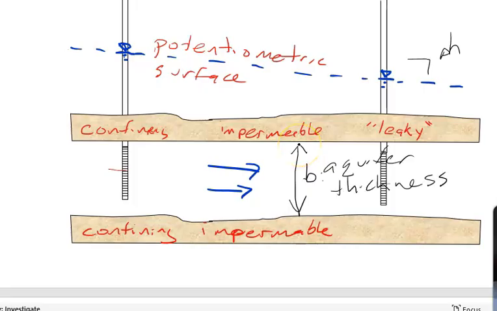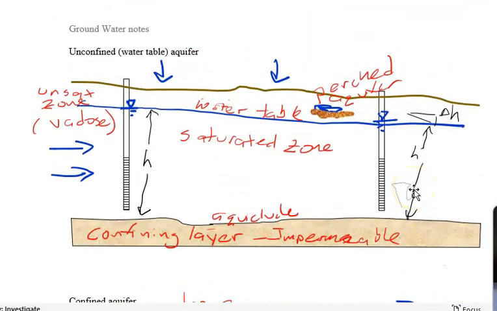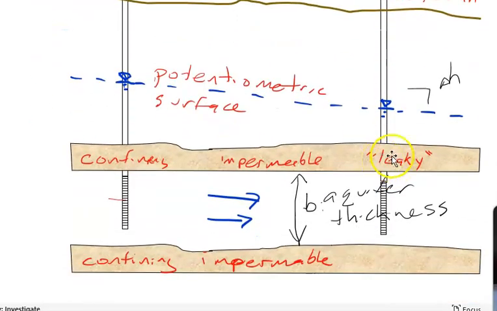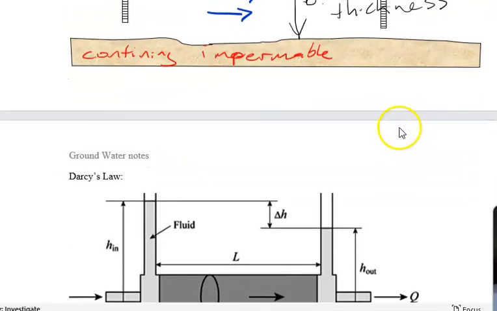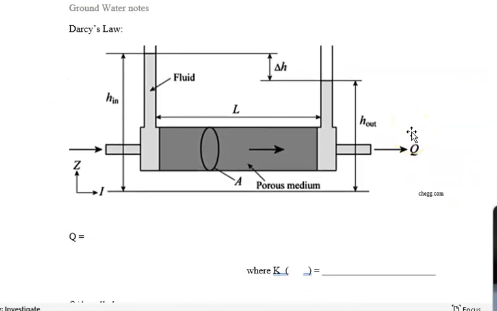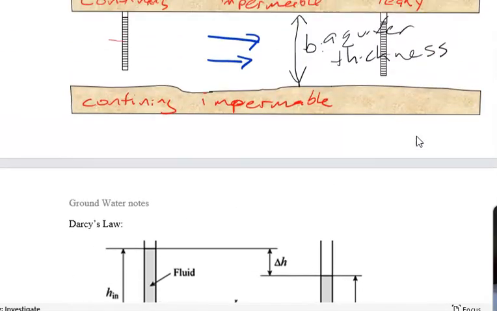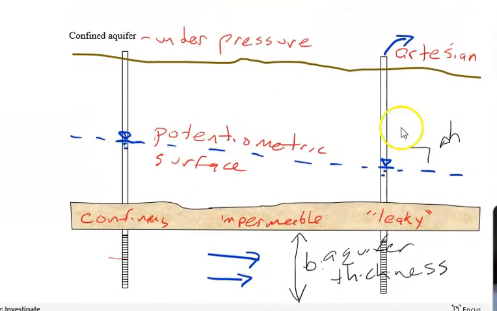All right, that's a short overview of aquifers: an unconfined aquifer or water table aquifer, and a confined aquifer, which is squeezed between two impermeable layers. In our next one, we'll go into the fundamental law that governs everything in groundwater transport, Darcy's law, and then we'll have a couple of exercises on that. So I'll stop this one now.